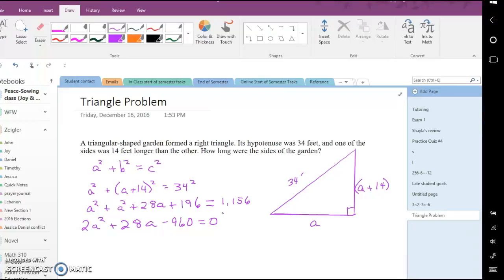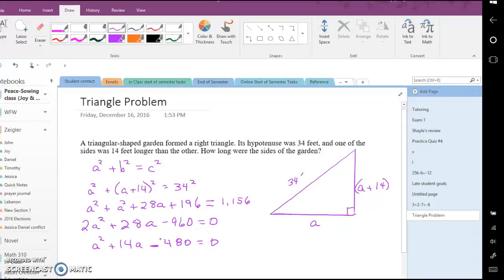Now we can see that there is a common factor of 2 in this equation, so we're going to divide everything by 2 on both sides, and we get A squared plus 14A minus 480 equals 0.